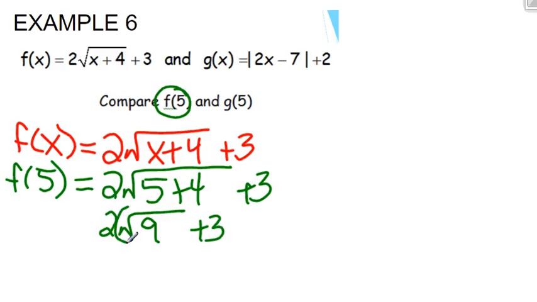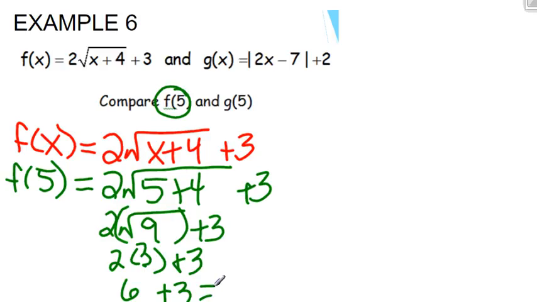Then I need to take the square root of 9, which is 3, so 2 times 3 plus 3. 2 times 3 is 6 plus 3, which will equal 9. So I know that f of 5 equals 9.